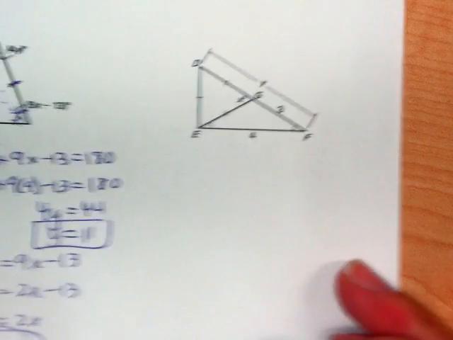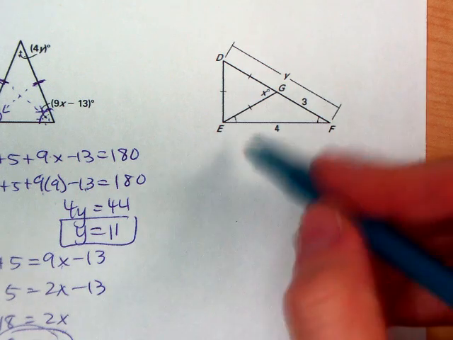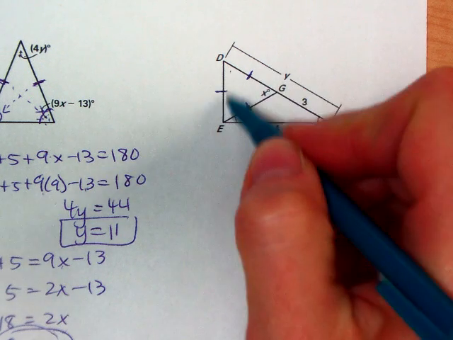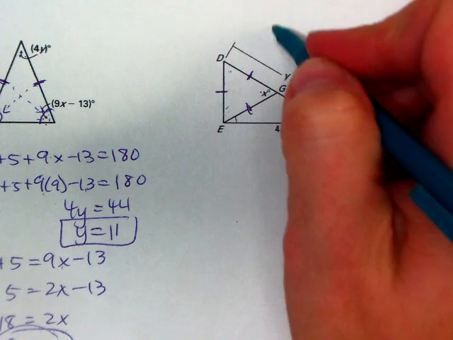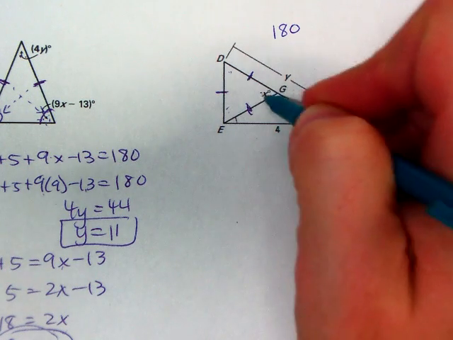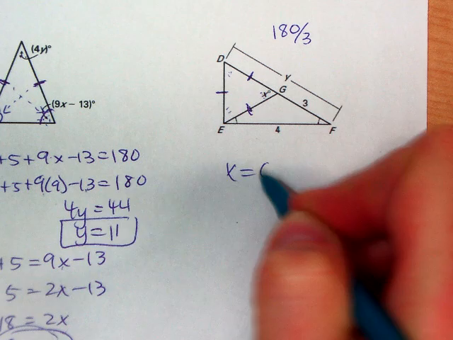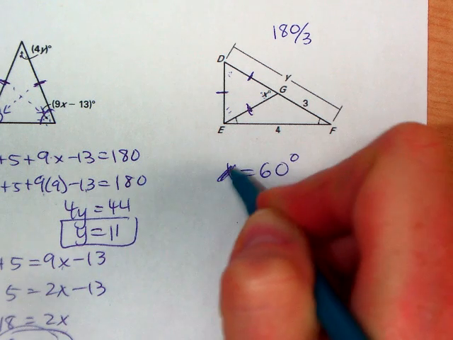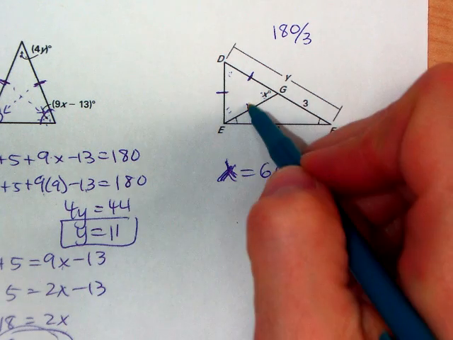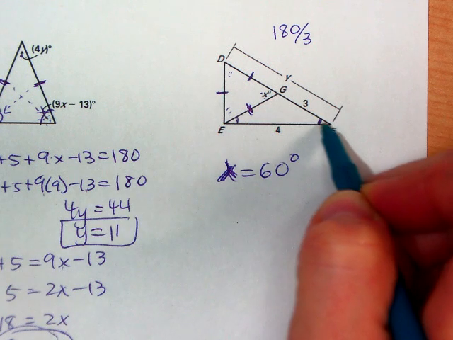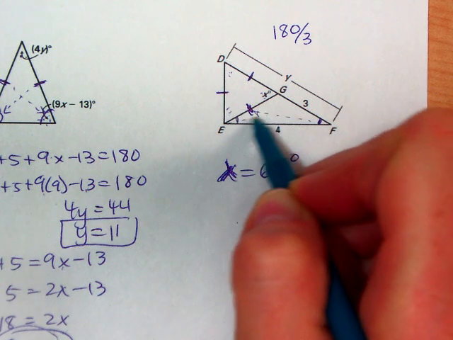Last problem. There's quite a bit of marks on here. So this guy first, all these are equal, which means that all of these angles are equal. So if I took 180 degrees in a triangle and divided it by 3, I would get 60 degrees. So x is 60. Now I know that these two angles are equal. So if I kind of went through them, it'd mean that side is equal to this side.